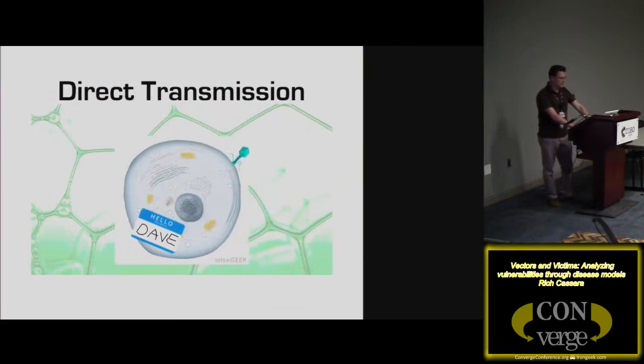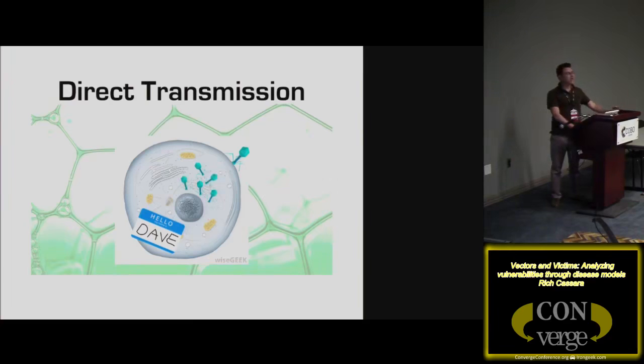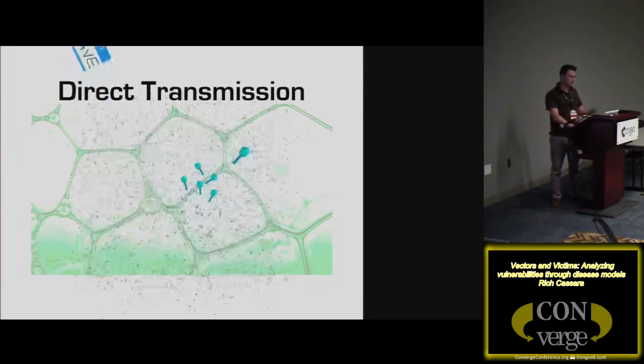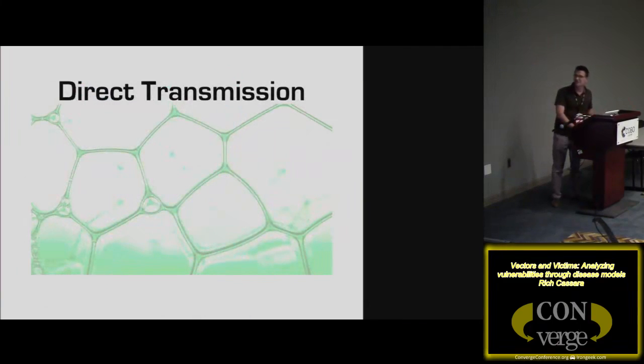So the email copies itself and keeps making copies, and then it sends them all out as far as the eye can see, just like an email worm. Now, in a cell, it fills up the cell with viruses until it explodes and sends the viruses out as far as the eye can see. And it spreads to other cells within your body and then to other people through coughing and sneezing, much like an email worm sends itself out through your address book and gets to all of your contacts.